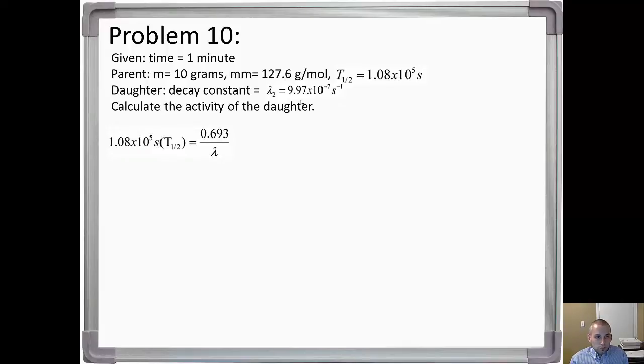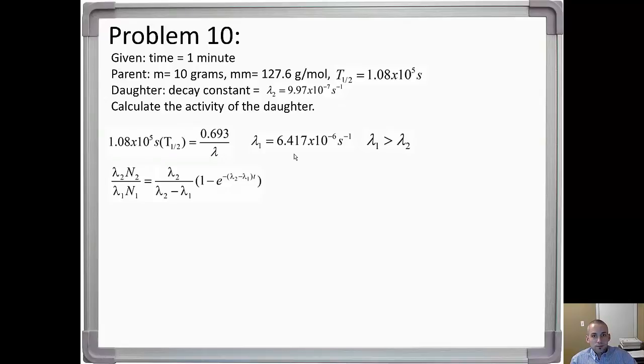Okay, so we're going to need to calculate the decay constant first of the parent because it's not given. So here's the half-life, and then we're going to calculate the decay constant, and we get our value. Now, there's our formula that we're going to be using.